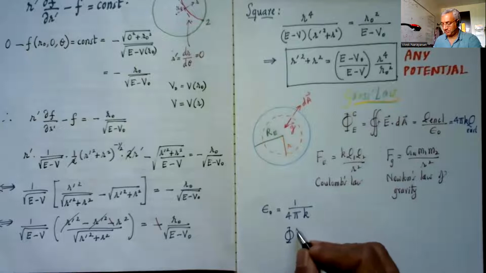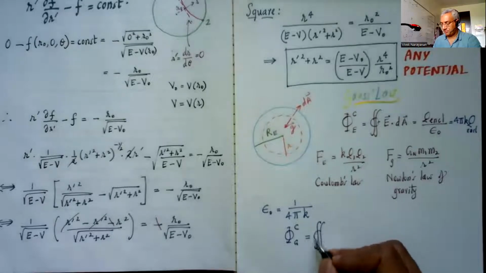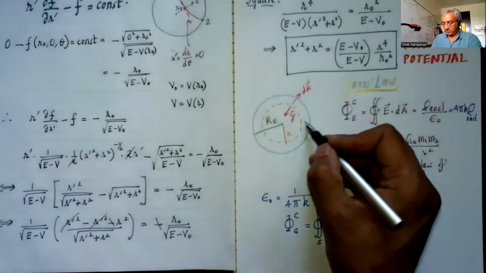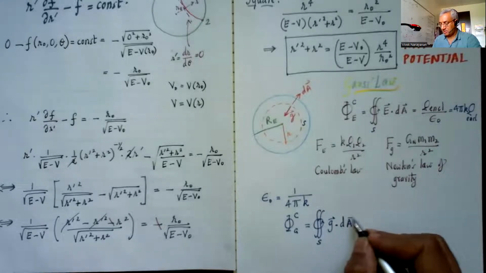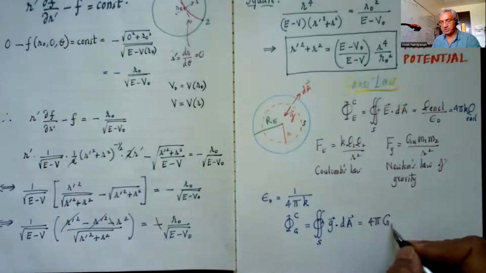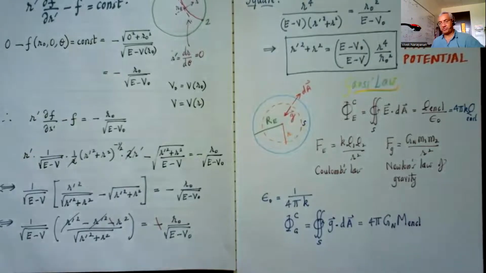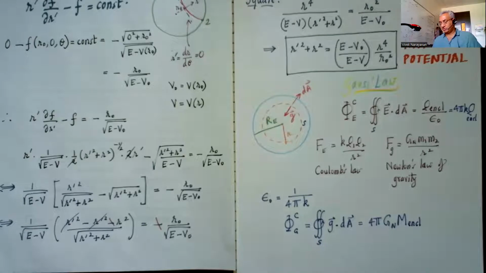So let me write Gauss's law for gravity now. Phi G instead of E, which is the double integral over a closed Gaussian surface S of g dot dA, must be equal to 4 pi times Newton's gravitational constant times the enclosed mass, where the enclosed mass is the mass enclosed by the dotted orange surface.